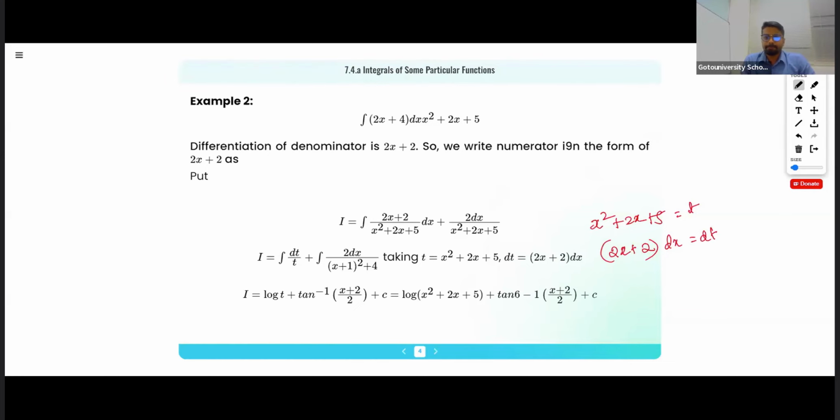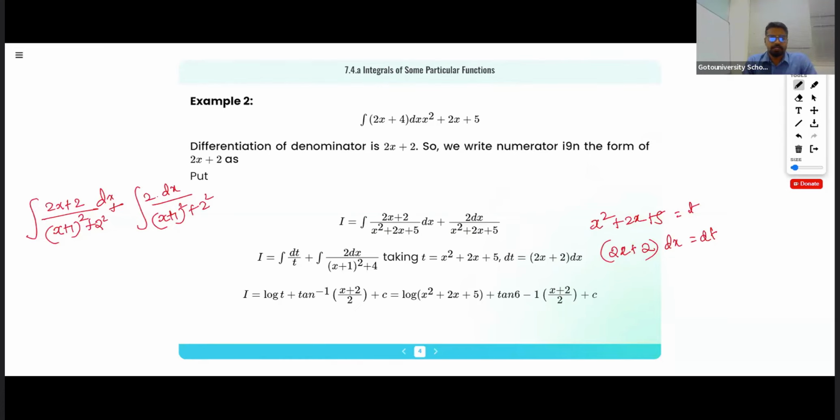So we can write the given expression as the integral of 2x plus 2 divided by x plus 1 whole square plus 2 square into dx, plus 2 into dx divided by, again, x plus 1 whole square plus 2 square, right?